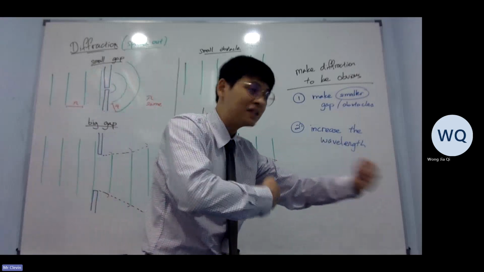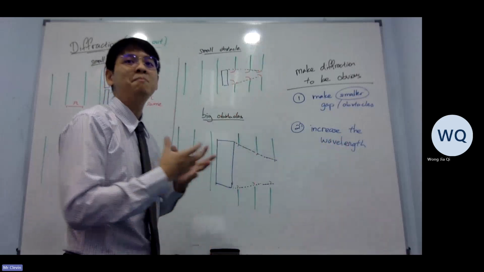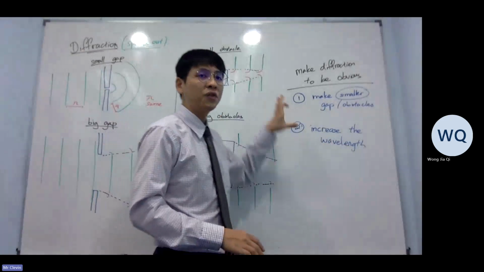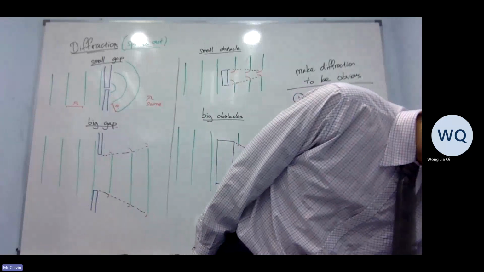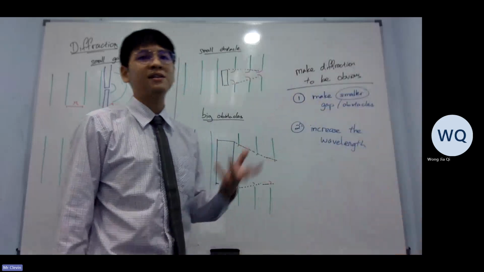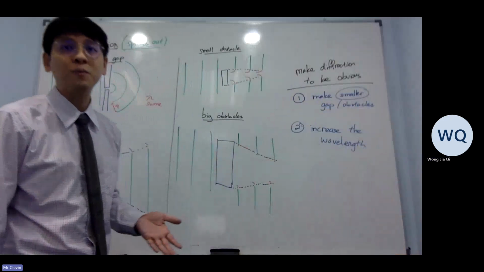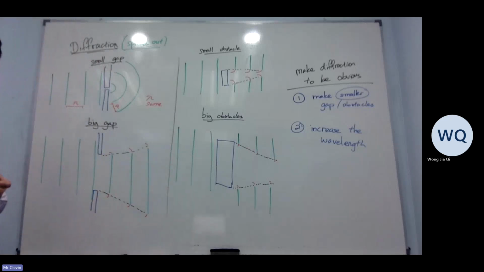So that far distance is telling us to increase the wavelength to see that diffraction is much more obvious. Only these 2 things will make the diffraction obvious. Or you can see that whenever the wavelength and the gap size are the same, it also has the greatest diffraction. Okay, so these are the things that you need to know in diffraction.